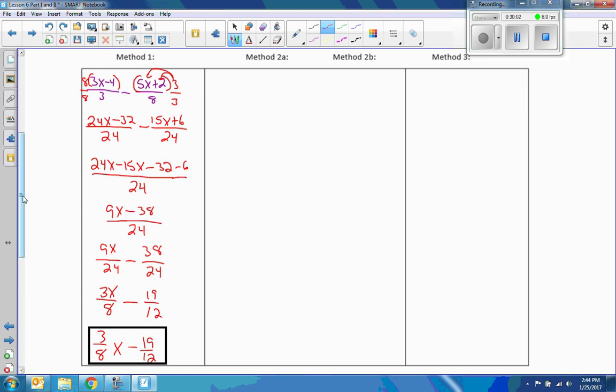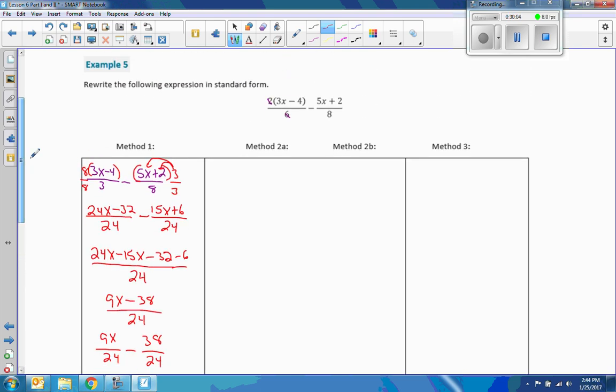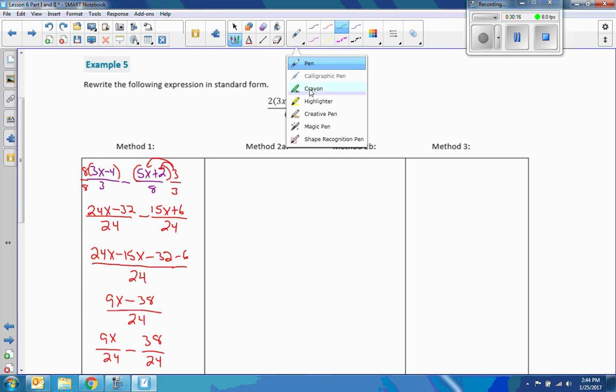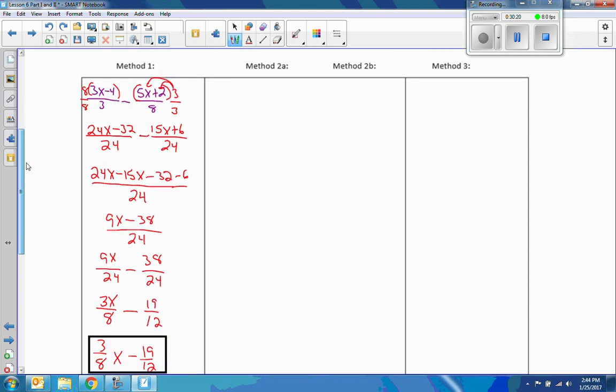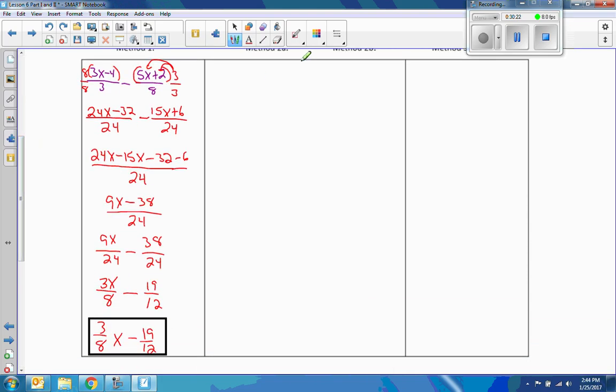Okay, so that's how to do it, method 1. And method 2, let me start over again here, change color. And then they have what they call method 2A and method 2B. Okay, so let me draw one. Split this up.